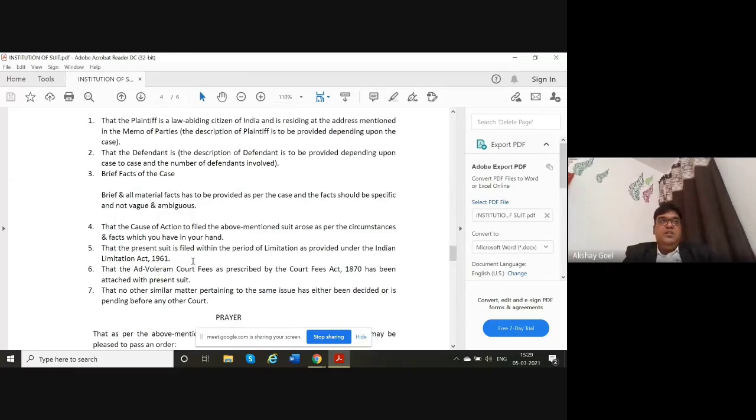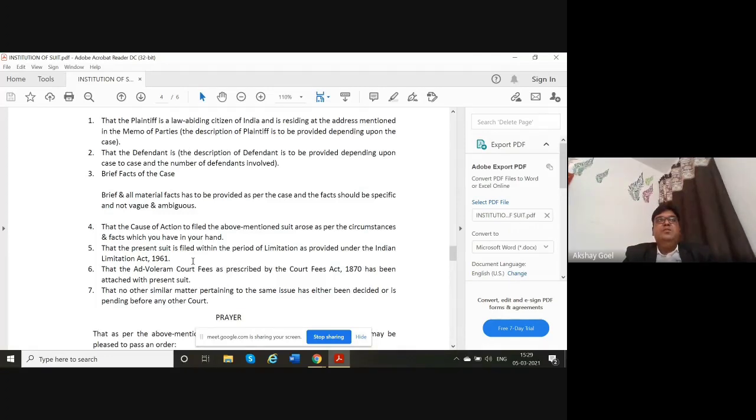Now, if it is found that a similar suit is pending before any other court on the same particular issue between the same parties, then the suit will be stayed as per section 10 of CPC, that is res sub judice, where the matter pertaining to the same issue between the same parties is pending before any other court.